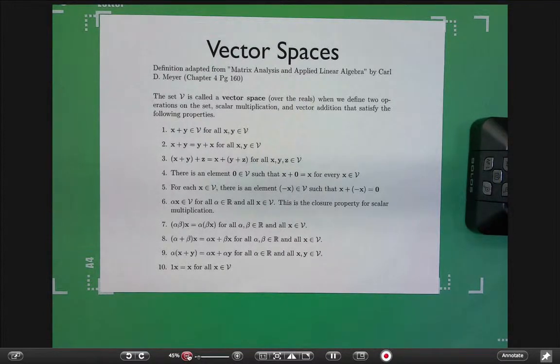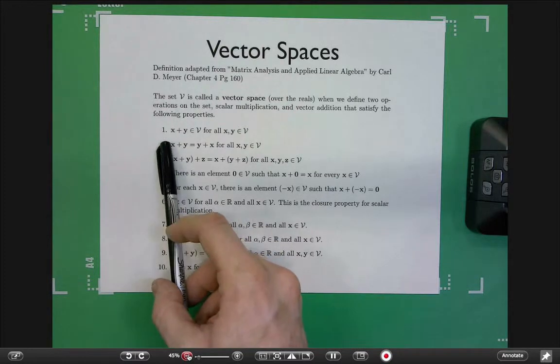I guess that's what I was already informally showing with this linear combination, right? I multiplied every vector by a scalar, and I added vectors together. And for this to actually make sense or be useful for us, some properties need to be true, right? So let's go through them.